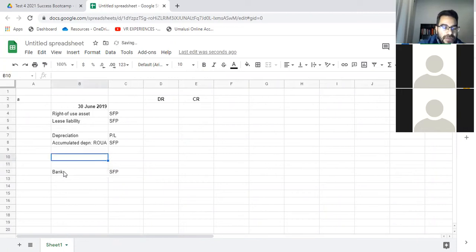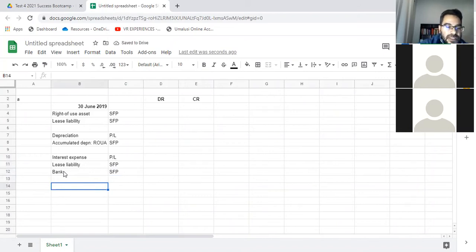There's going to be finance costs, so interest expense or finance costs, whatever you want to call it. That's going to be P&L. And then the balancing figure will go against the lease liability, and that is SFP.